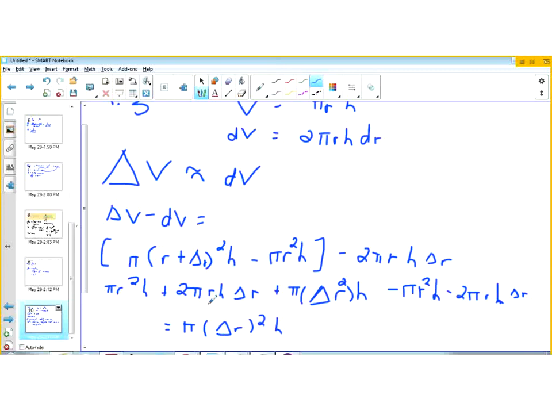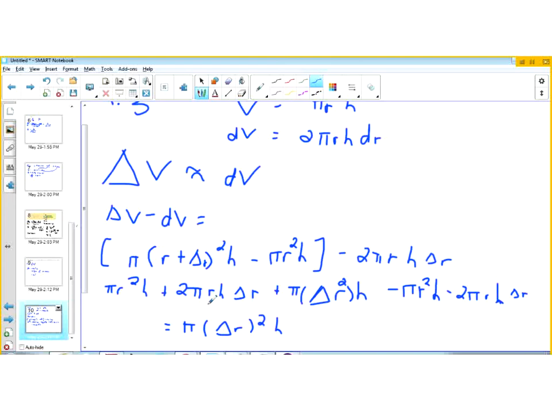This is very similar to example 4 in the text on page 254. Instead of using a cylinder, they used a sphere. What differential r means is it's the error in measuring the radius of the cylinder.